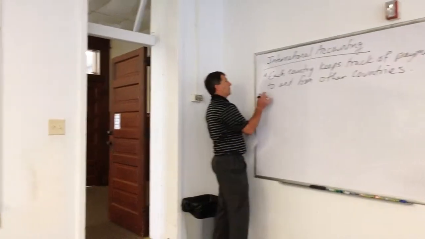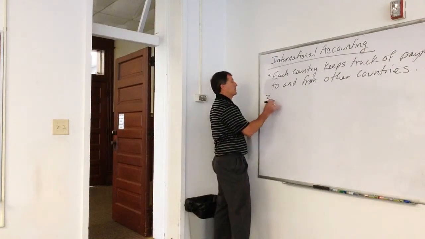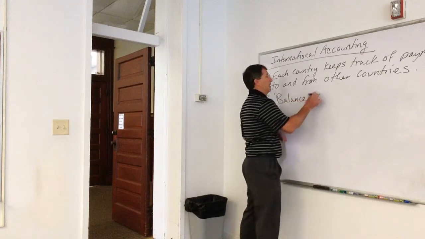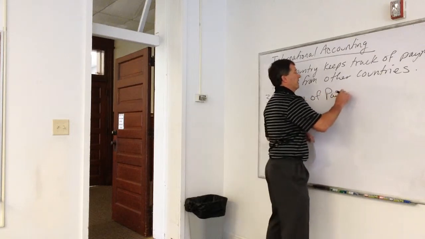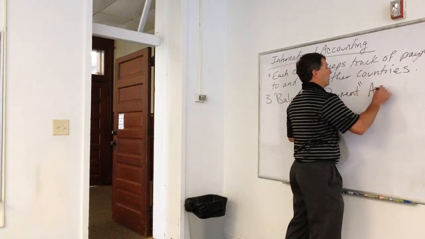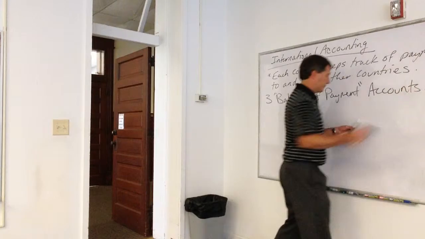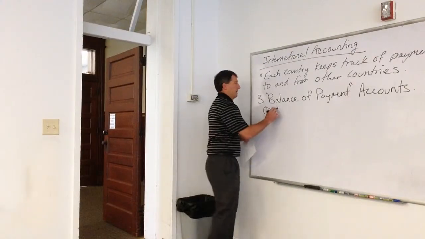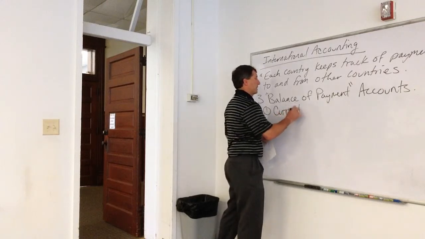So we have 3 balance of payment accounts. And the first one is the current account.